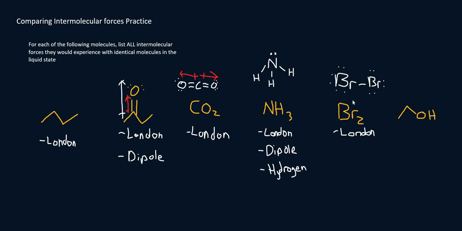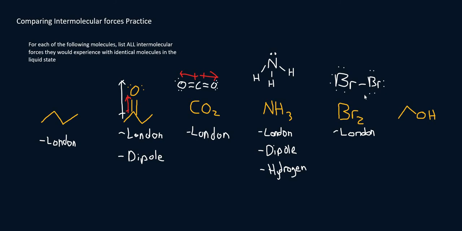What about dipole-dipole? Well, bromine is part of the halogens, but there's no dipole here because bromine is just bonded to another bromine, which means we have equal electronegativity between the two bromines. So no bond dipole here, which means no molecular dipole, so no dipole-dipole forces for the bromine molecule.